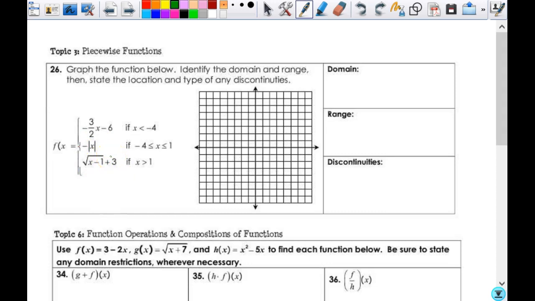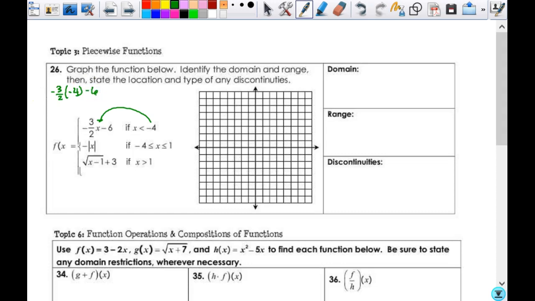So from negative infinity to negative 4, I'm going to have the linear. So I got to figure out where the endpoint of this section of my graph is. So I need to substitute in this negative 4 into right there. So it'll give me negative 3 halves times negative 4 minus 6.